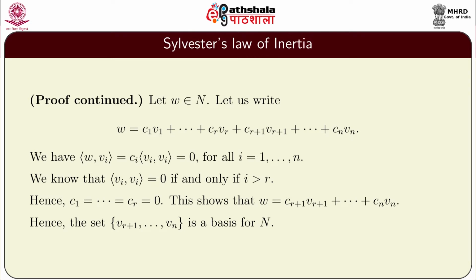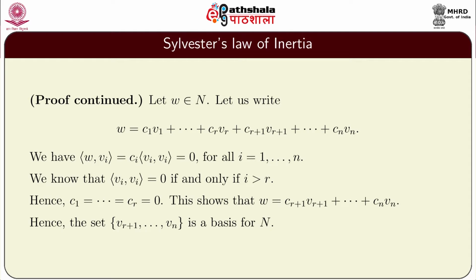But we know that the inner product ⟨Vi, Vi⟩ is 0 if and only if i is strictly bigger than R. Therefore, we have to have C1, C2 and so on up to Cr equal to 0. This therefore shows that W is equal to Cr+1 Vr+1 and so on up to Cn Vn.